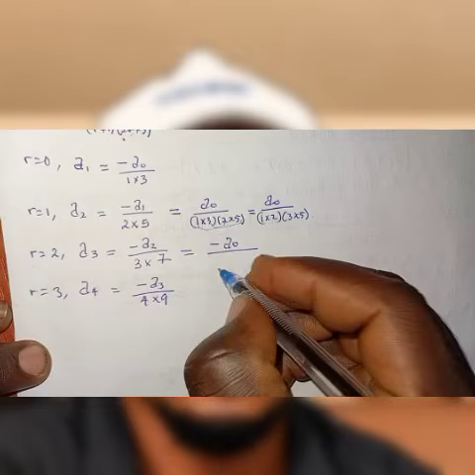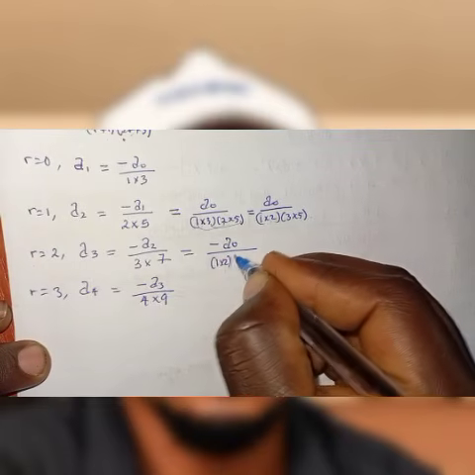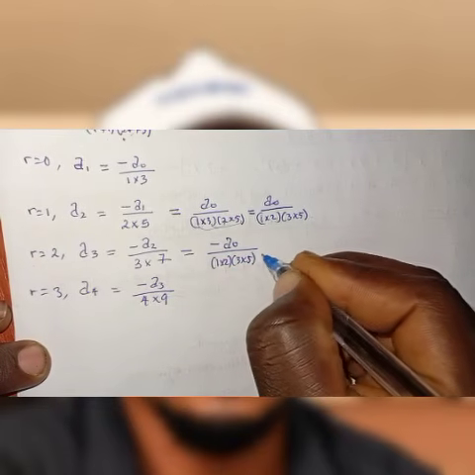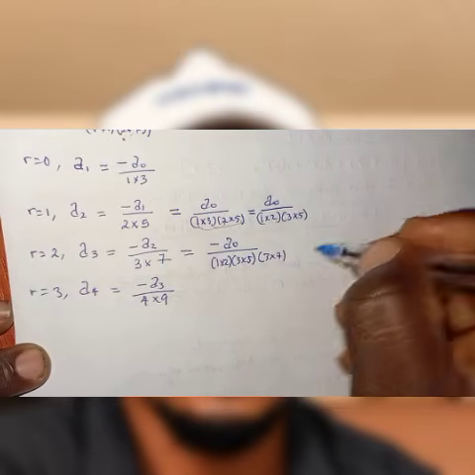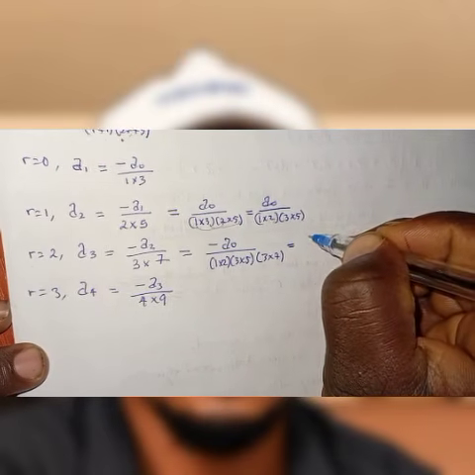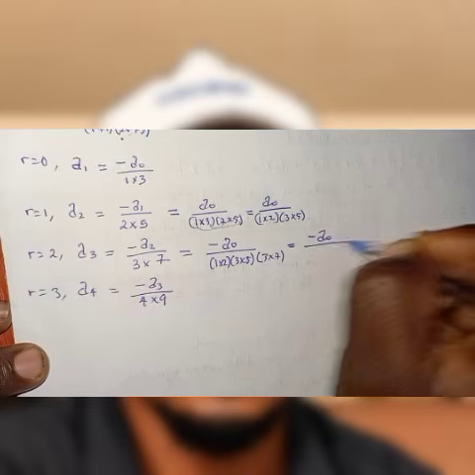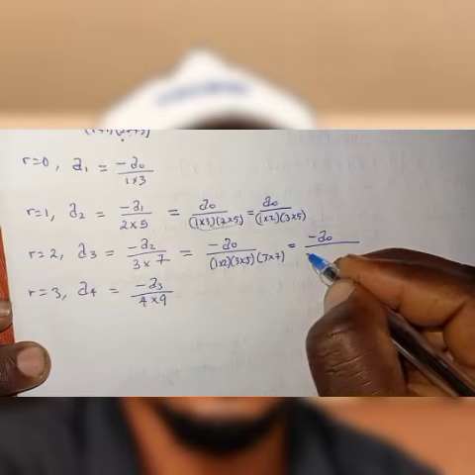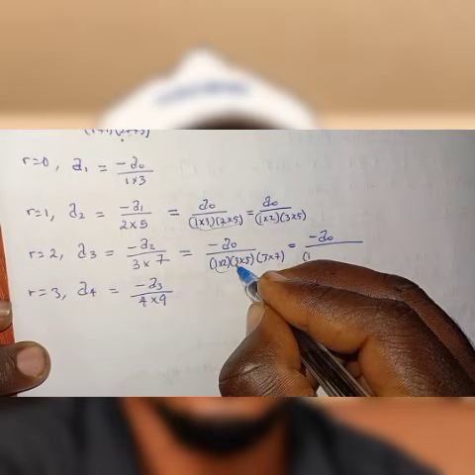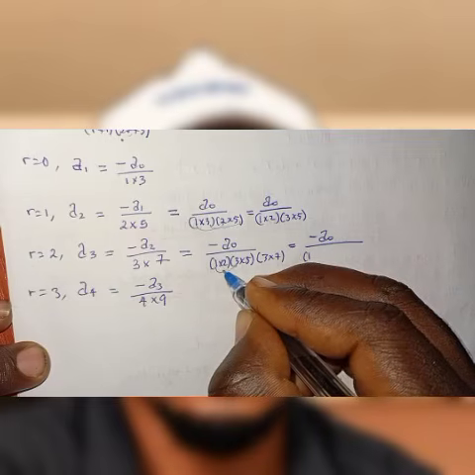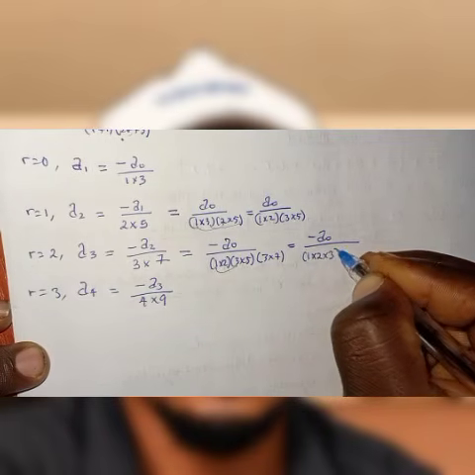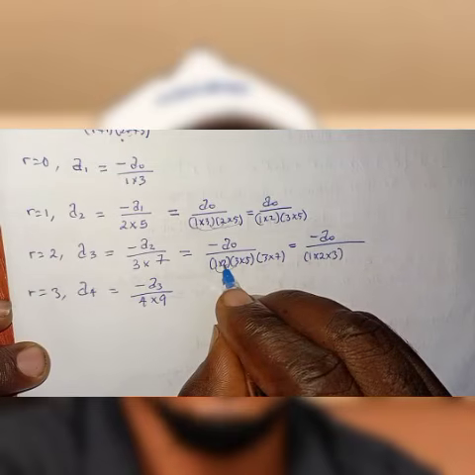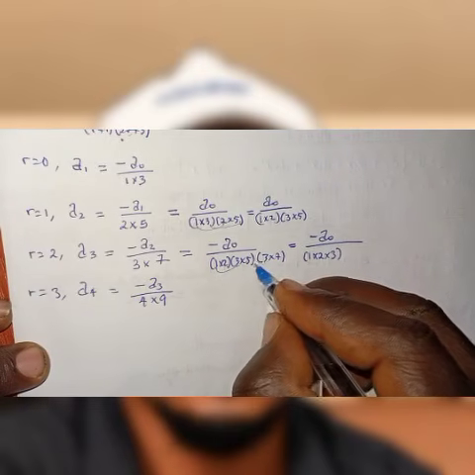This is a2, put it here. 1 times 2, 3 times 5, multiplied by 3, multiplied by 7. So, which gives us minus a0 over 1 times 3, 1 times 2 times 3. Those are the lowest. 1 times 2 times 3. Then we have 3 times 5 times 7.